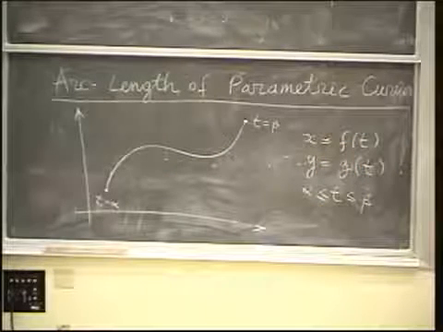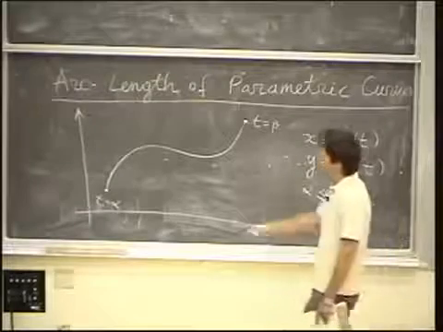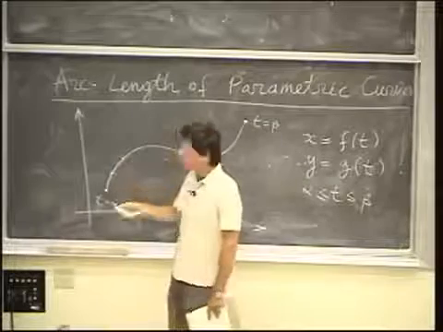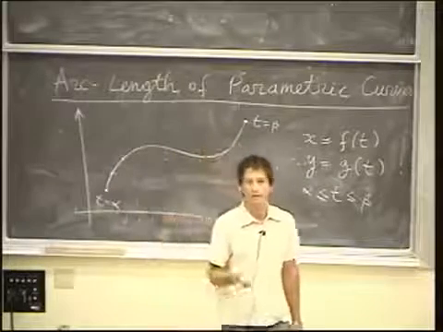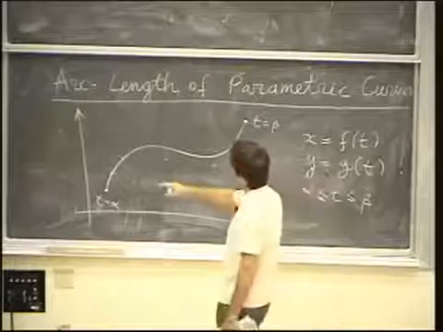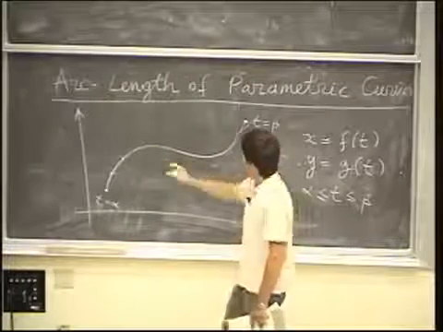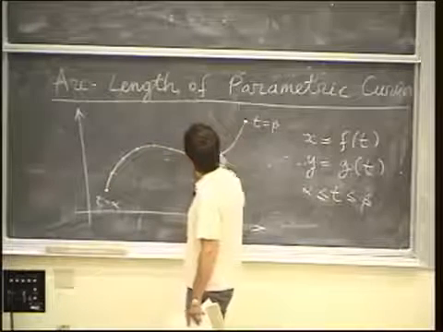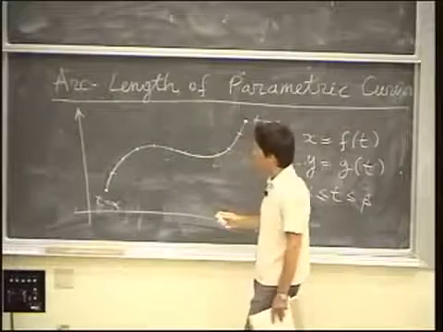Okay. So how do we find the arc length of this curve? The idea, which in fact you will find in many places in this course and in all of calculus, is to approximate the curve by a union of small segments, like this. So you break it into many, many pieces.